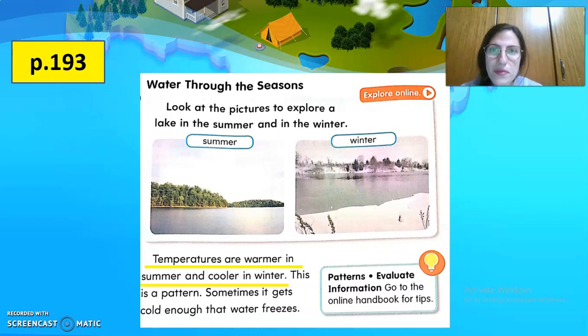Clear? And when it becomes really low during wintertime, the water will freeze. Okay? Let's move on. Remember guys, whatever Miss Yara underlines, you underline it in your book as well. So each year, every year, during summertime, temperatures are warmer, and during wintertime, temperatures are cooler or colder. Clear?